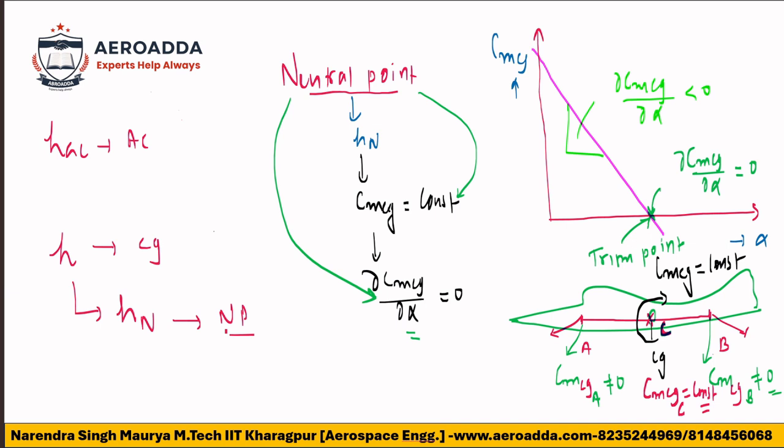So it will be clear that this point is nothing but the neutral point, because here the moment becomes constant. So that neutral point location will be denoted by HN.